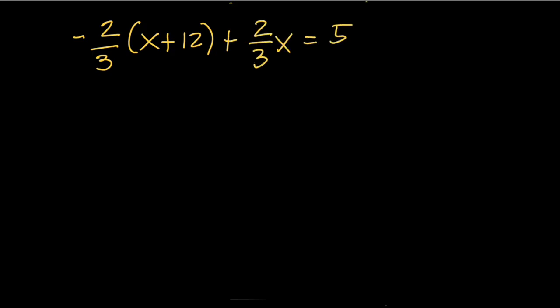Is that negative 5? Negative 5 over 4. Yeah, you check it if it's correct. Negative 2/3 times x plus 12 plus 2/3 x equals negative 5 over 4x plus 2.